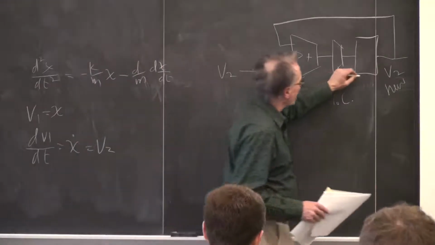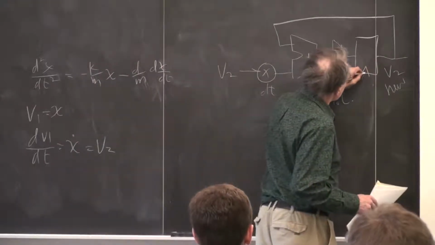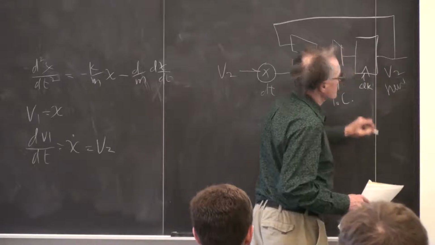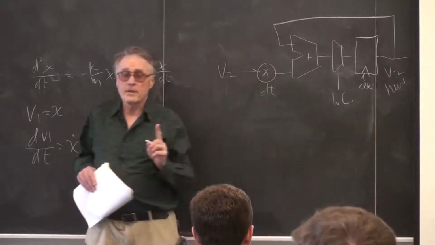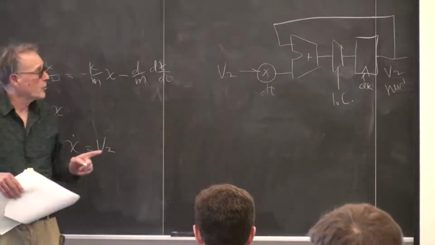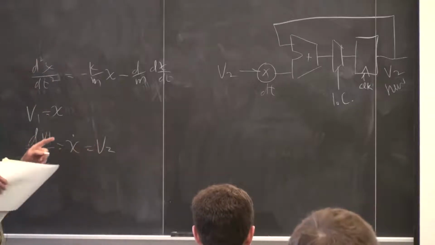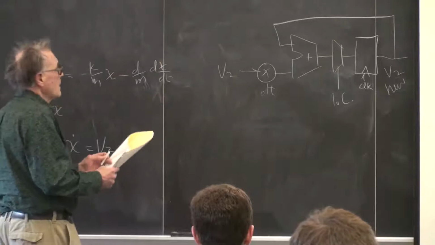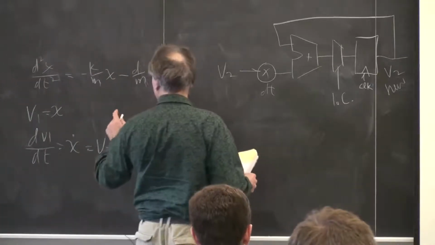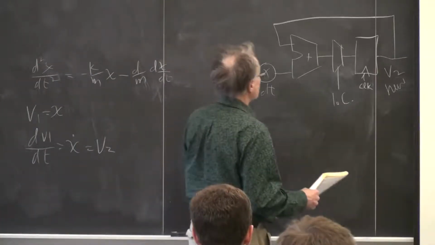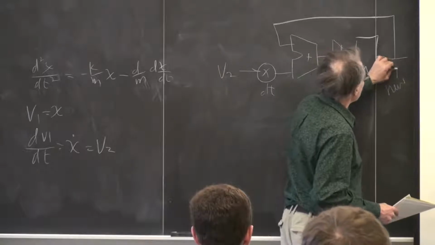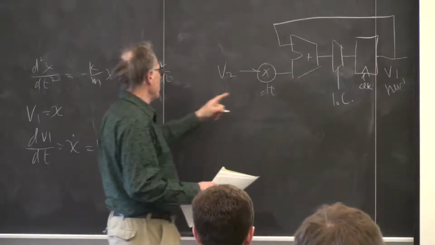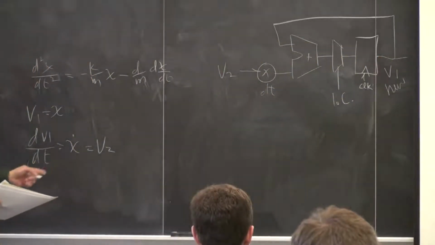And we need a clock input to step the solution forward. And then V1, I'm sorry, this is V2. This is V1 new, because V1 is the integral of V2.